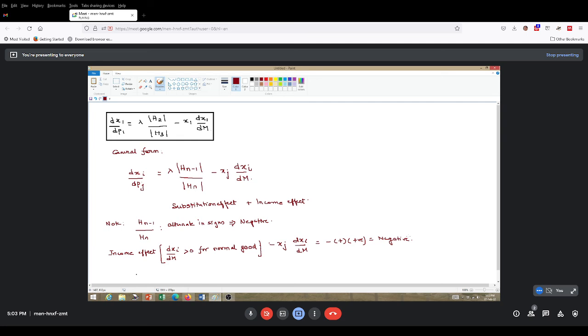So the price effect is the summation of the substitution and income effect. Both of them are negative and therefore the price effect will also be negative. This is equal to substitution effect plus income effect.